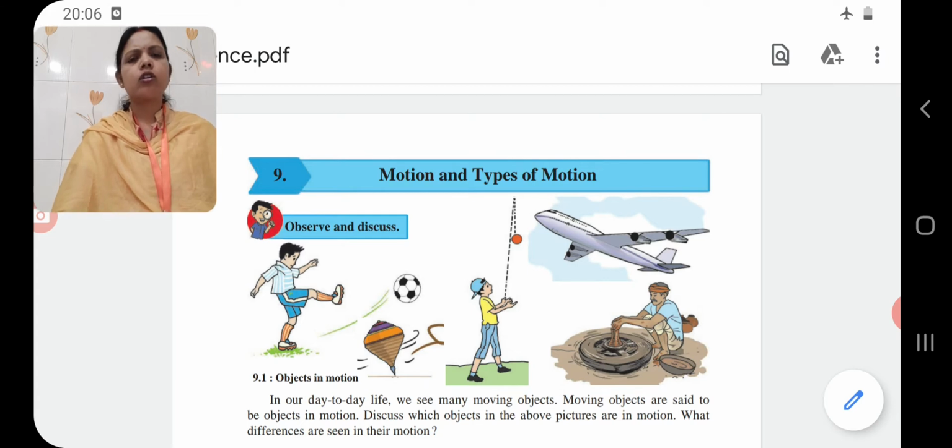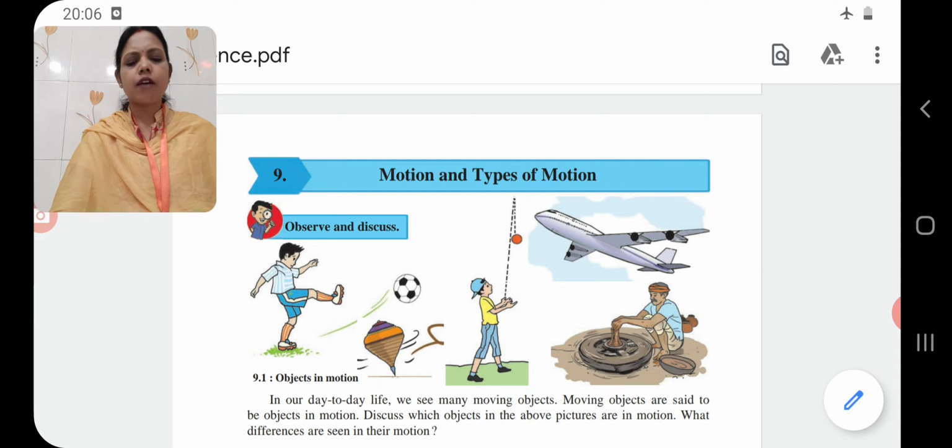Do you know the Earth and other planets are also in motion? Yes, they are revolving around the sun. So children, whatever objects are moving, they are in motion.